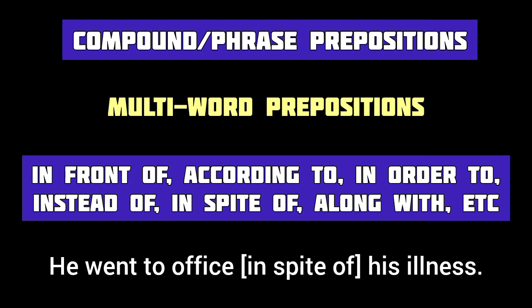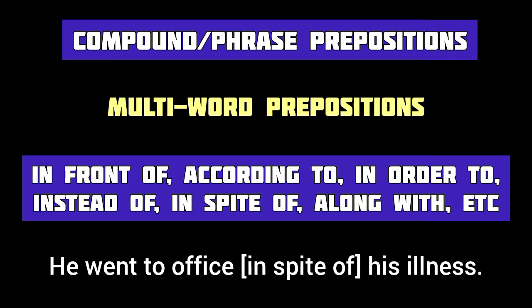And then we have compound or phrase prepositions. These are multi-word prepositions. So compound or phrase prepositions consist of two or more words. For example, in front of, according to, in order to, along with, instead of, away from, and so on. He went to office in spite of his illness.